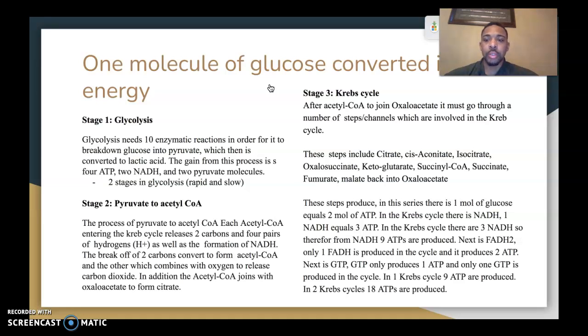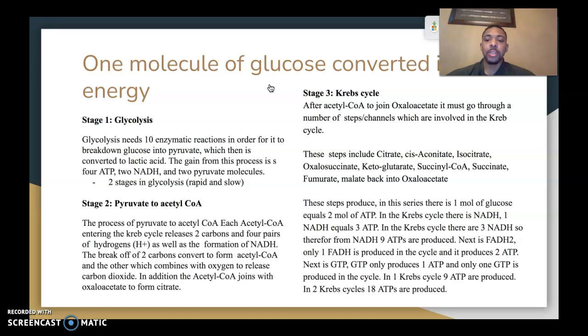So as I stated, there are two stages. Phase one is anaerobic, which I just explained, and is considered rapid, or anaerobic glycolysis, which is considered rapid, and aerobic glycolysis, which is considered slow. Stage two is when pyruvate is changed or altered into acetyl-CoA.